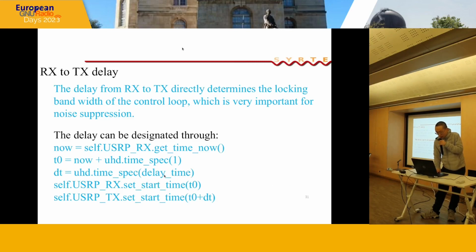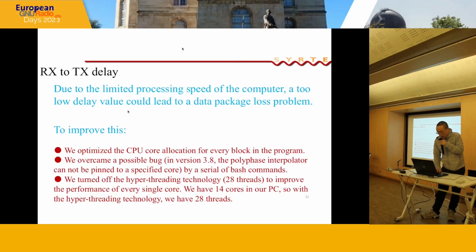You can specify any delay time. However, it is limited by the processing speed of the computer. A delay time that is too low, even if we can assign it, will lead to a data packet loss problem.